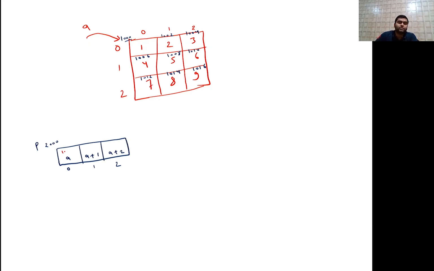So the first element points to this particular location. The next points to a plus 1, the second row, whose base address is 1006. And third is a plus 2, the third row base address, which is 1012. So P is an array of pointers.